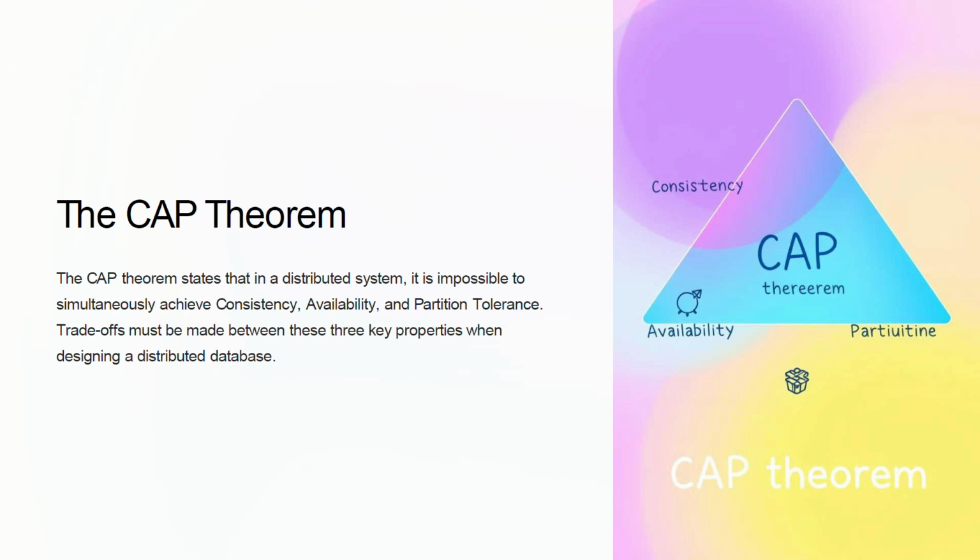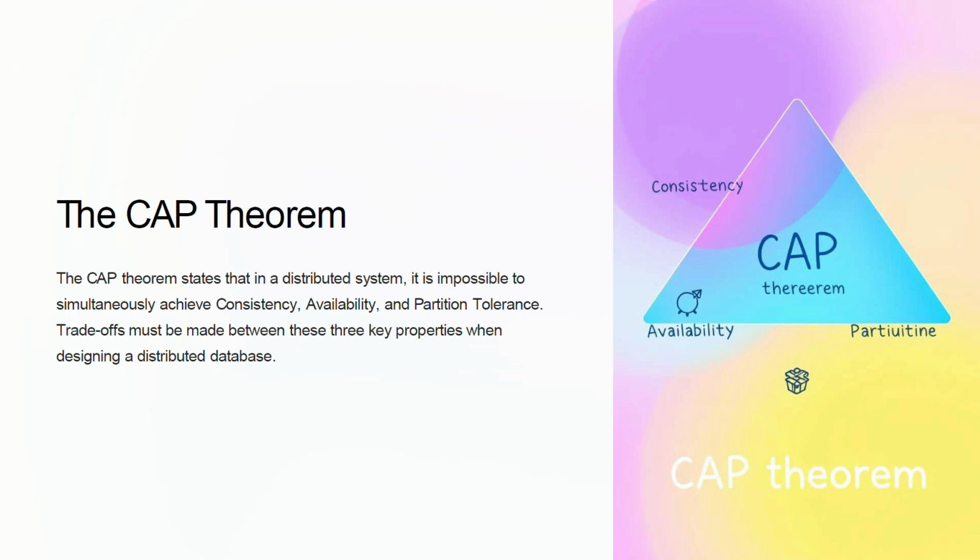Consistency means that all nodes in the system see the same data at the same time. Availability ensures that every request receives a response, and partition tolerance means the system continues to function even if there is a network partition. Imagine a triangle with each point representing one of these three properties in a distributed system. We are forced to choose between them because it's practically impossible to achieve all three simultaneously.